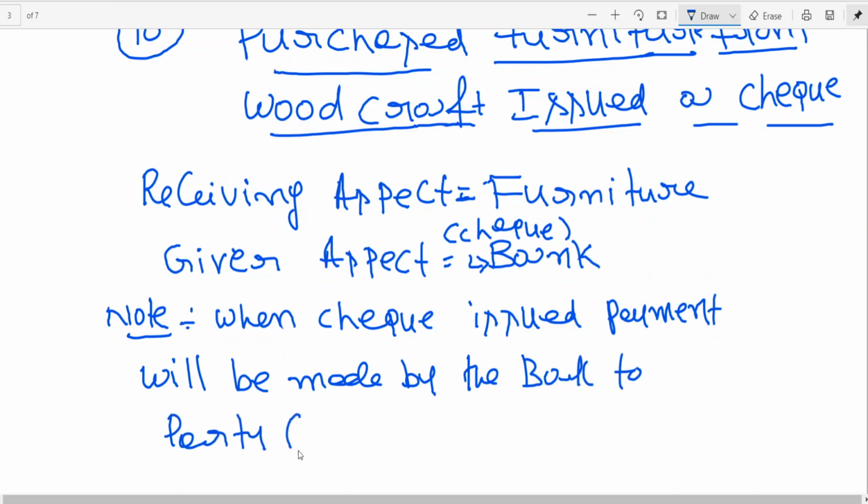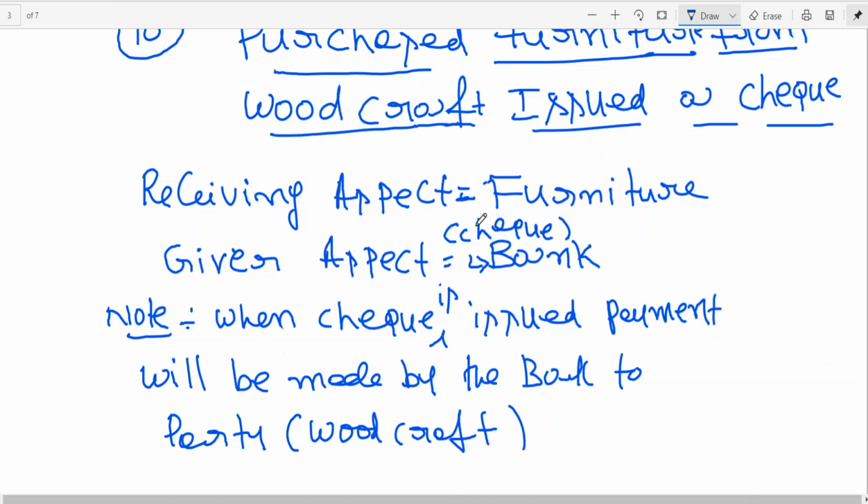Party means, in the above example, Woodcraft. Is this clear? What is the name of the party? Woodcraft, because Woodcraft is a supplier. Are you following? When a check is issued, payment will be made by the bank to the party. That is why the giver aspect is bank. Receiving aspect is called furniture.